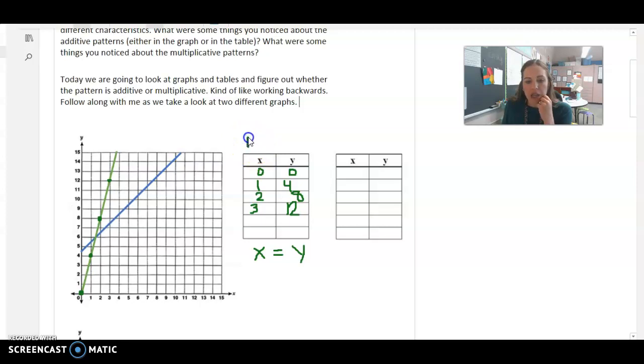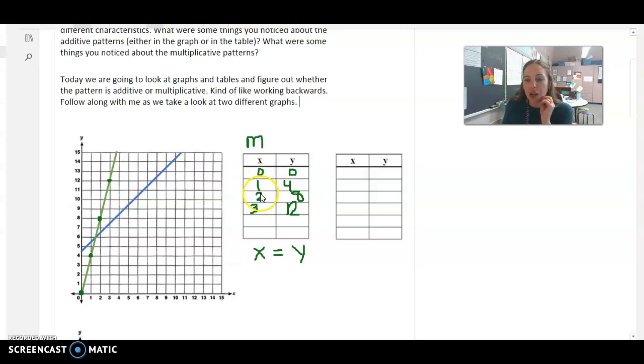Let's see, I'm going to put an M for multiply. Okay, so now the question is, what are we multiplying by? We're multiplying something times x to get y. Well, do you know what the easiest thing to look for is if we want to know what we're multiplying by? It's our number 1.